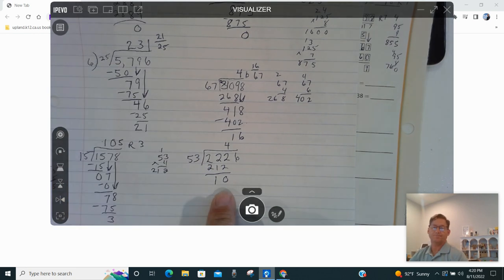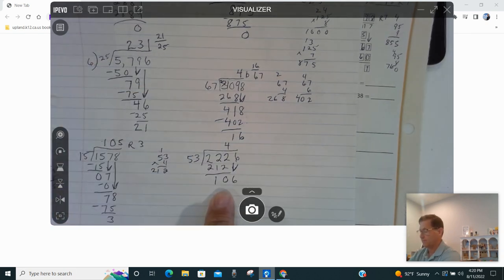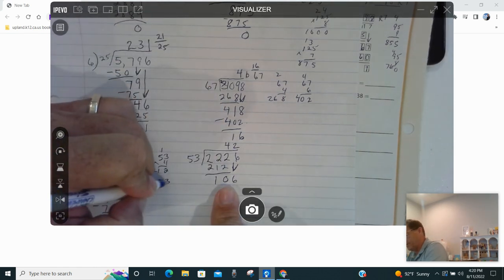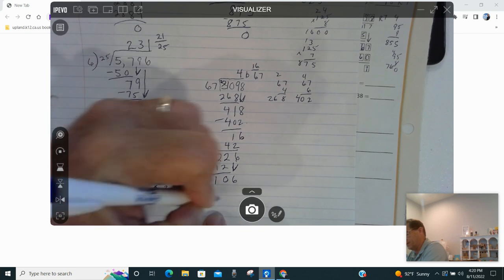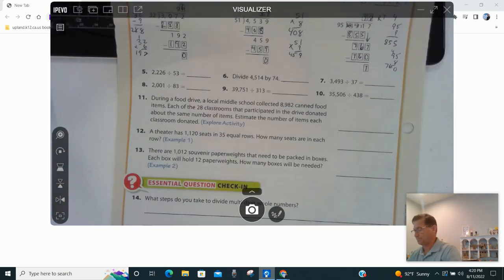Okay, subtract. Just 4 times 53 is 212. Subtract, we're left with 10. And bring down the 6 ones. 53, well, 53 is close to 50. So 2 50s is 100. So let's try 2. 53 times 2 is 106. So 42.